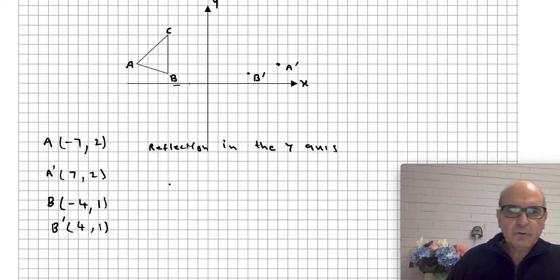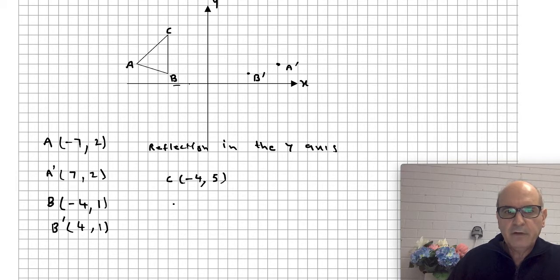Let's look at point C. Point C has the Cartesian coordinates of 1, 2, 3, 4 to the left, so -4. And how much is it above the x-axis? 1, 2, 3, 4, 5. 5.